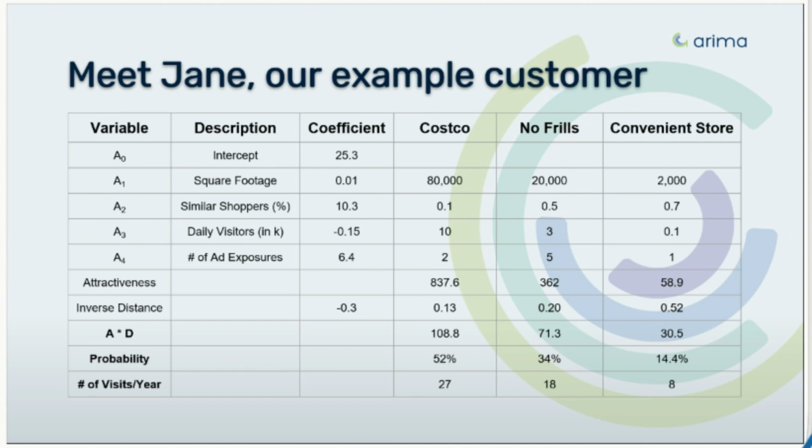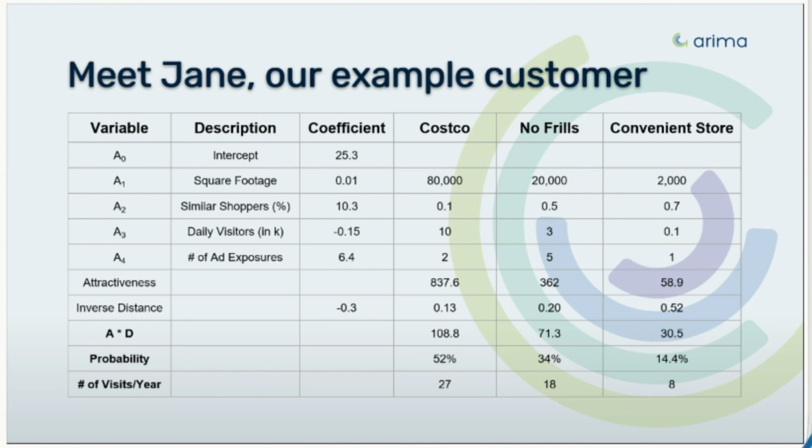Here's what a finished model may look like. And obviously, we'll have to discuss how these parameters are being calculated, but let's assume that these coefficients are there. Here you can see we've got our four factors. Square footage: remember she prefers to have all her shopping done at one place, so the larger the store is, a greater preference will be given to that. The percentage of similar shoppers, that's also very important.